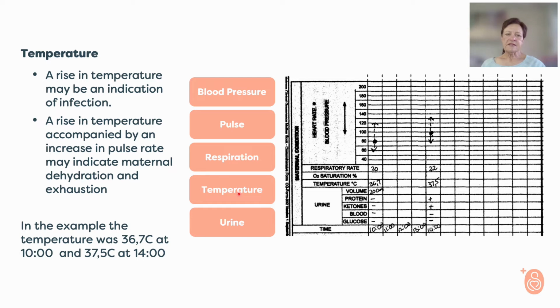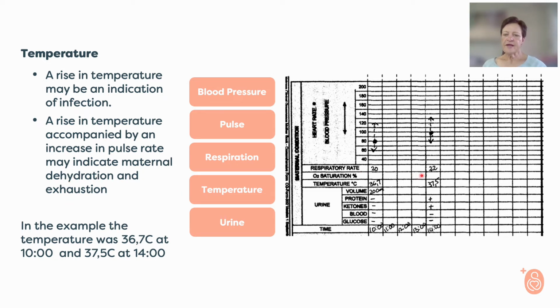Then when we look at the temperature, the mother's temperature should be normal during labor. If there's a rise in temperature, it might be an indication of an infection, and one should look further for the place of the infection, if I can call it like that. And then what's also very important is that a rise in temperature accompanied by an increase in the pulse rate might be an indication of maternal dehydration and exhaustion.